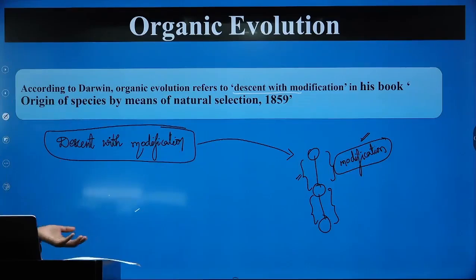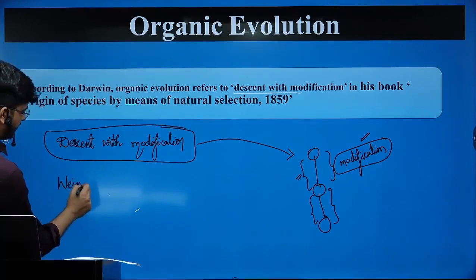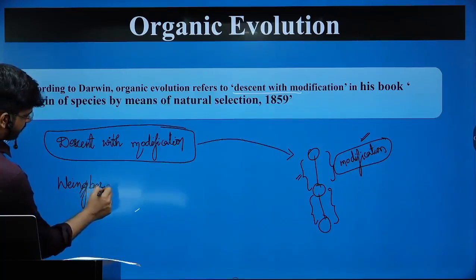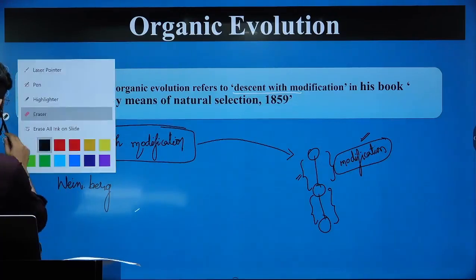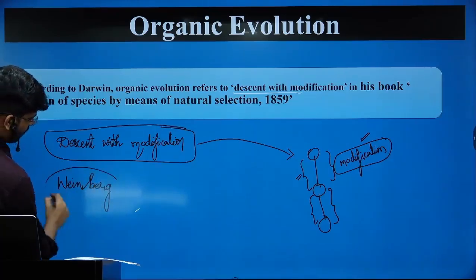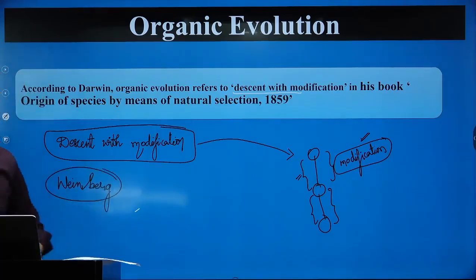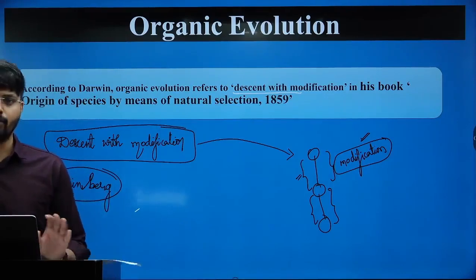The other definitions include Weinberg, who depicts the Hardy-Weinberg law, which we are going to study. You can note down: Darwin described organic evolution as descent with modification.